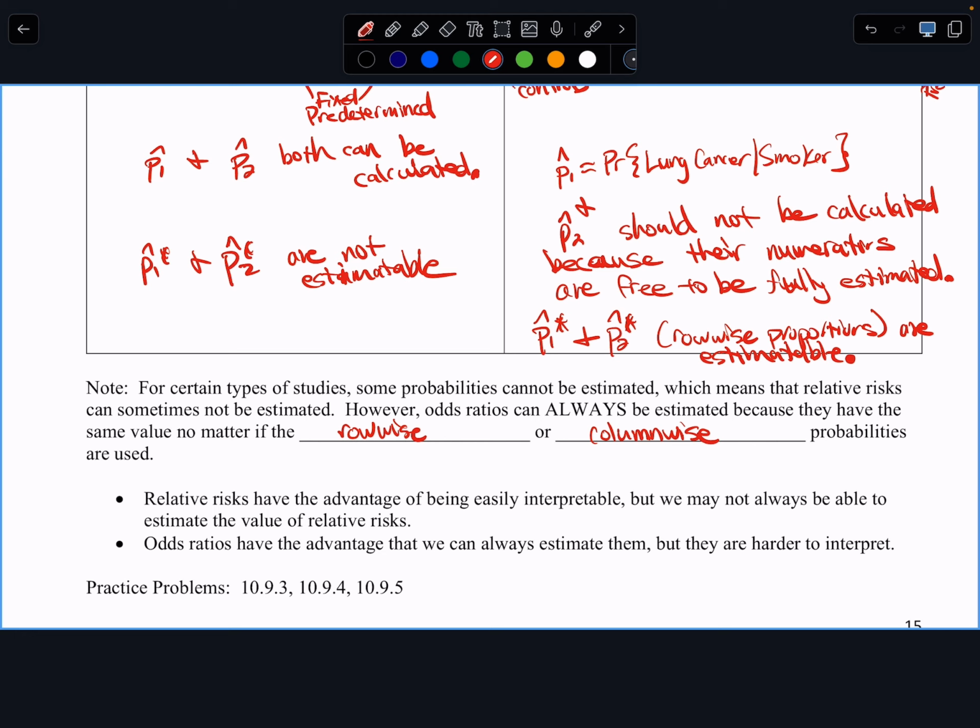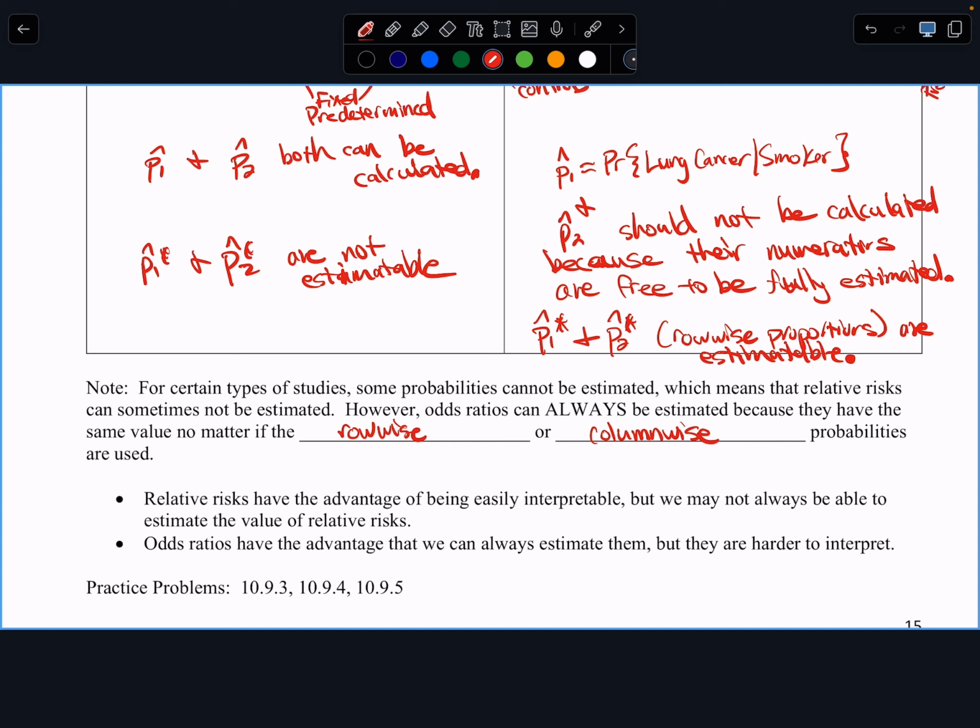We're more used to saying probability versus the odds of something happening. But, of course, sometimes we can't estimate the relative risk. And then the odds ratios have the advantage of being estimable no matter what type of study design you have, but they truly are more difficult to interpret.